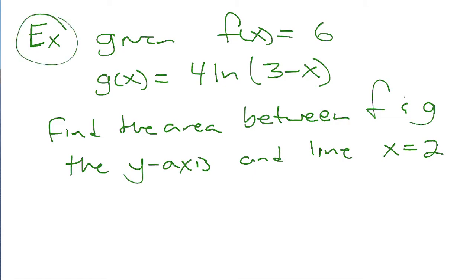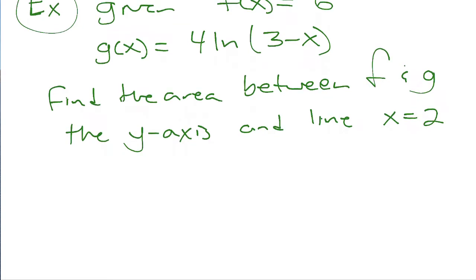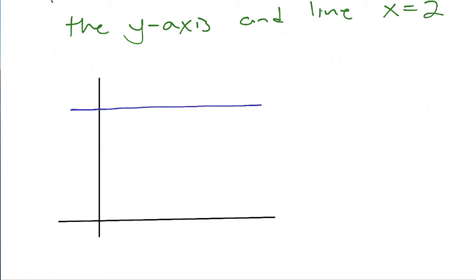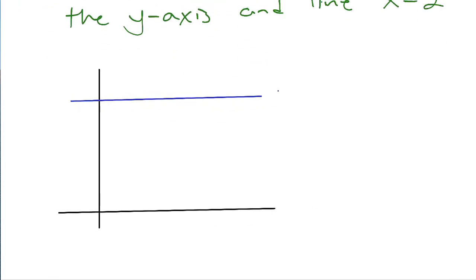So if we had to do that, we'd say, okay, if we graph this, you'd have the y-axis and the x-axis, and you've got the line that goes across here. That's the line y equals 6, so that's f of x.